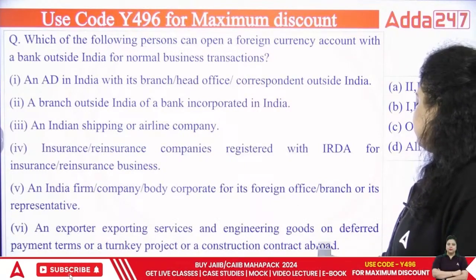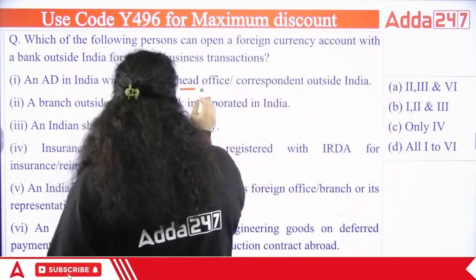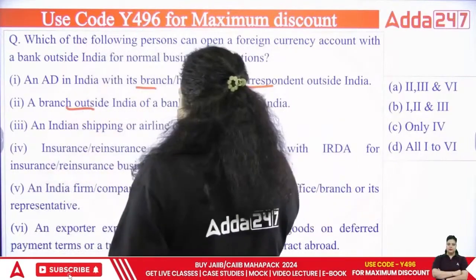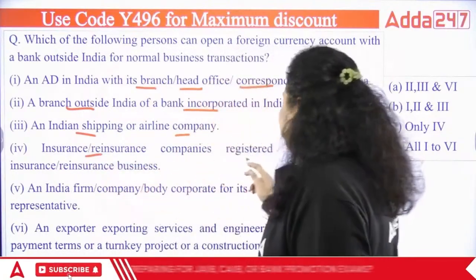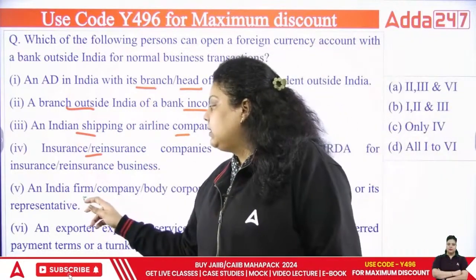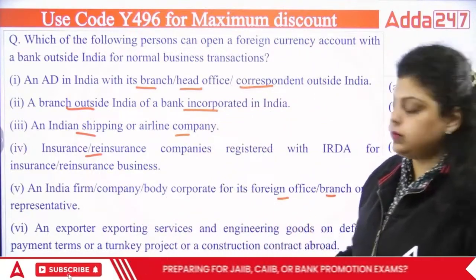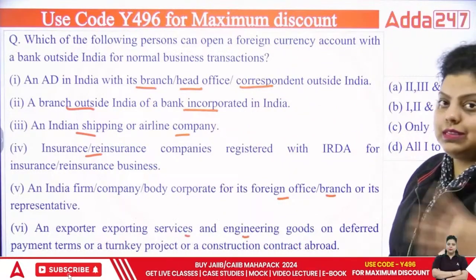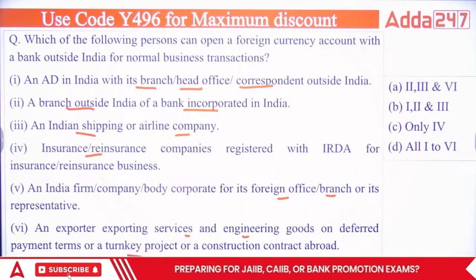The first statement is talking about an authorized dealer in India with its branches, head office, correspondent outside India, a branch outside India of a bank incorporated in India, an Indian shipping or airline company, insurance, reinsurance companies registered with IRDA for insurance and reinsurance business, an Indian firm or company body corporate for its foreign office branch or its representatives, an exporter exporting services and engineering goods on deferred payment terms, it means in installments, on a turnkey project or a construction contract abroad.